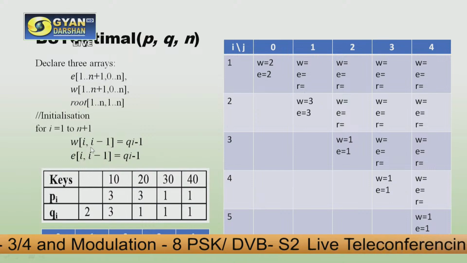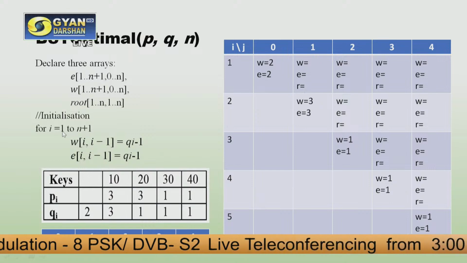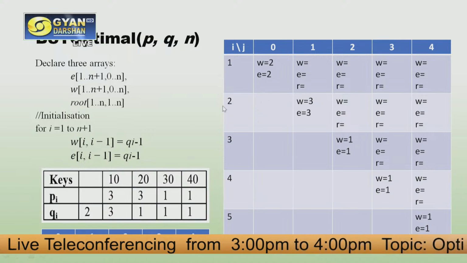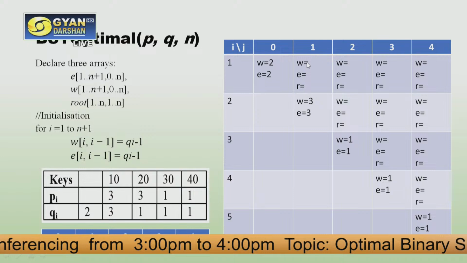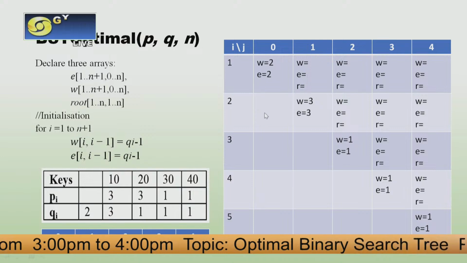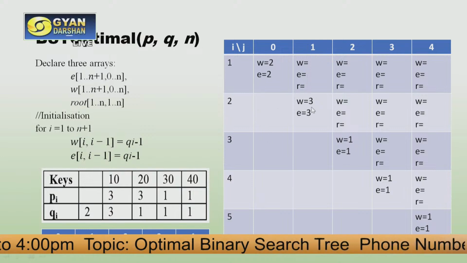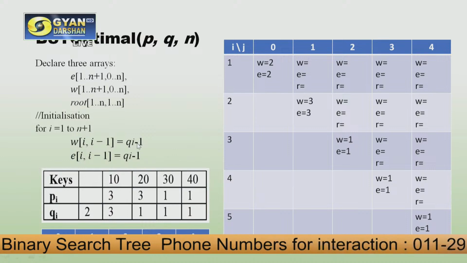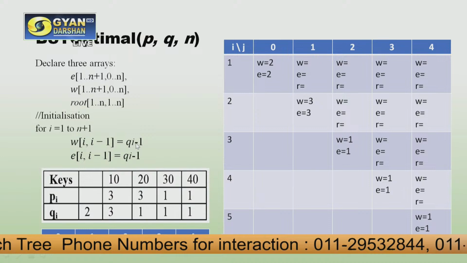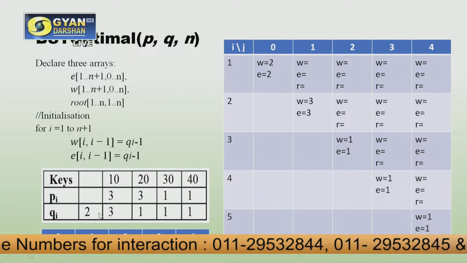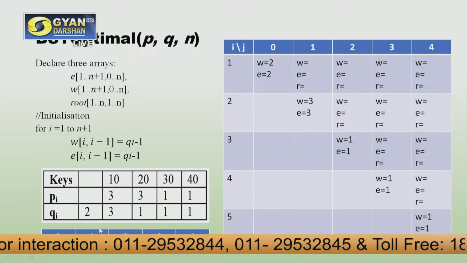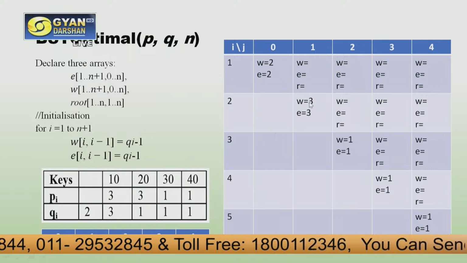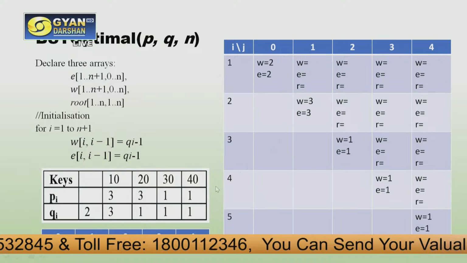Then the next is i equals 2, so W[2,1]. Look into W[2,1], which is why this value is not marked. What does it contain? It contains Q[i minus 1], and i is 2 now, so Q1. Q1 is this particular value, so it is 3. So W equals 3 and E equals 3.